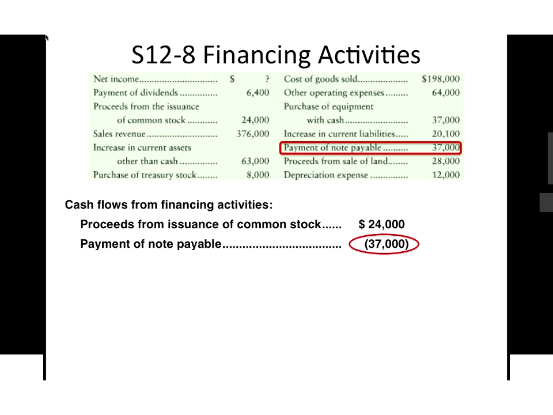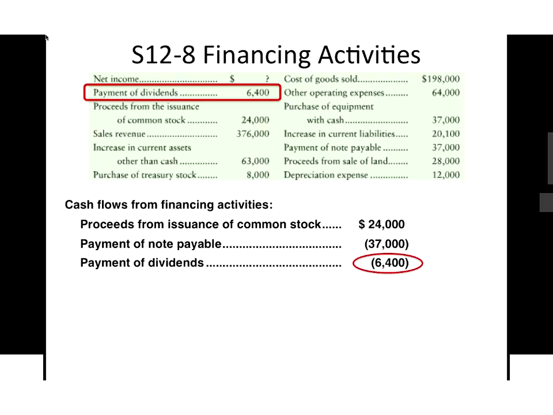Okay, so payment of note payable. It tells us in the table note payable. Well, note payable, we assume it's a long-term liability. And so payment of note payable, $37,000. It's a negative because we're paying it. Okay? So we have a cash outflow. Next item down, payment of dividends.